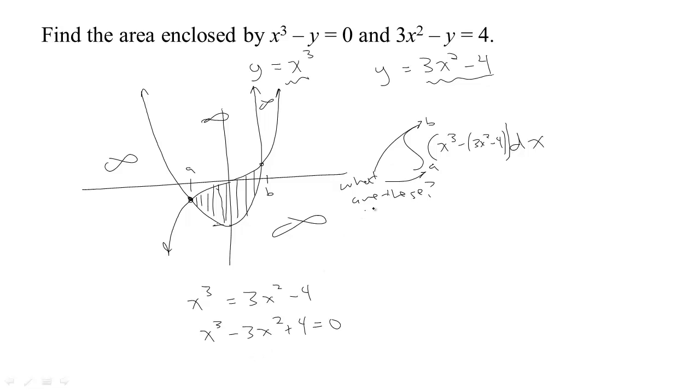So there was a rule in pre-calculus called the rational zeros theorem. Basically, you look at the factors of the constant term, which in this case is 4, so its factors are 1, 2, and 4, and the factors of the leading coefficient, which in this case is 1, so that's its only factor.